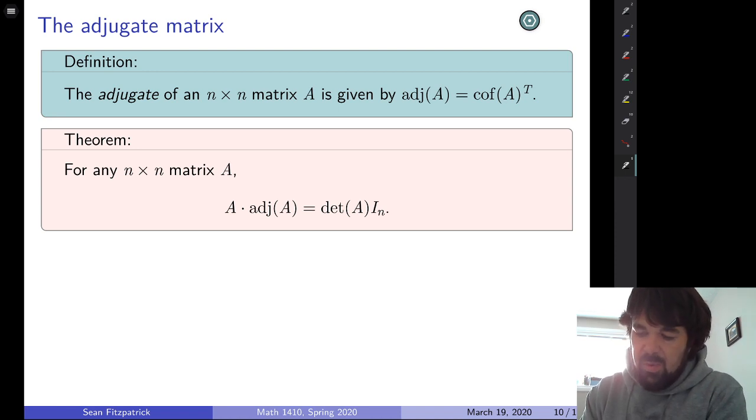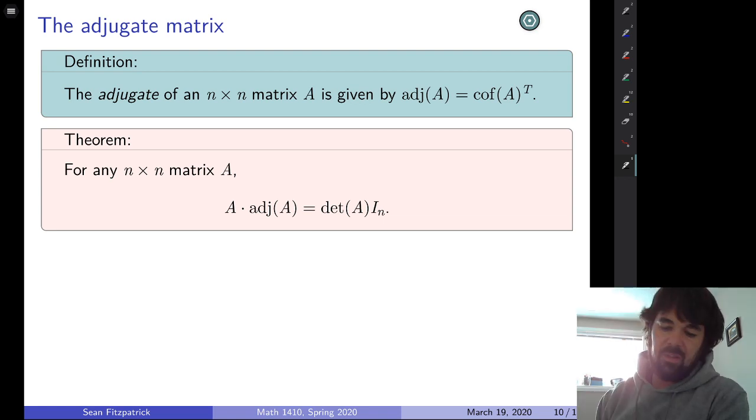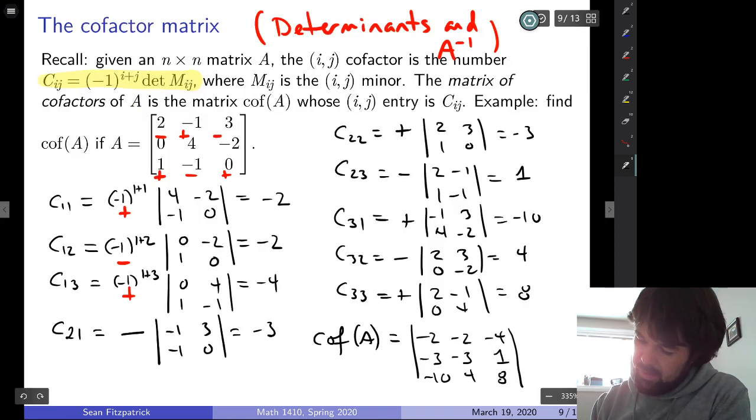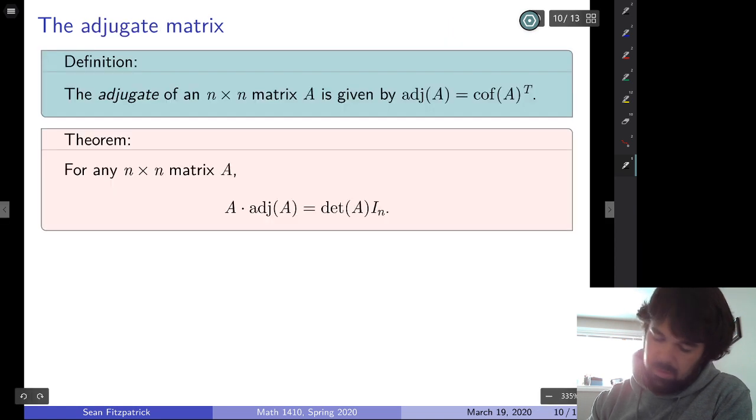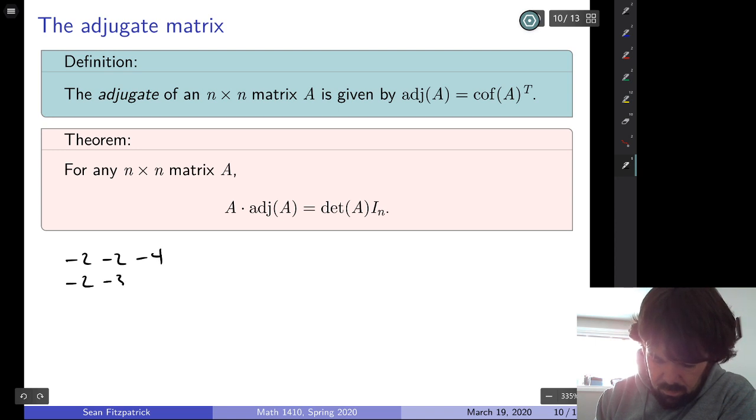Well, we can take the transpose of this thing, and we get something called the adjugate. So the adjugate matrix is you just take all the cofactors, and then you transpose that thing, okay? So let me try to remember what I had here. Minus 2, minus 2, minus 4, minus 3, 1. Let me see, did I get that right?